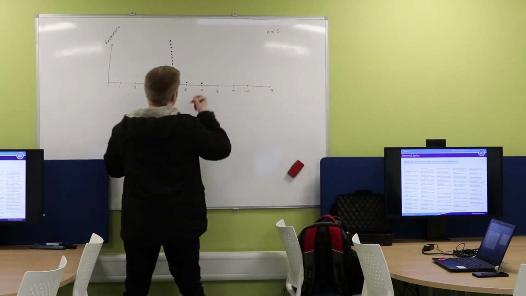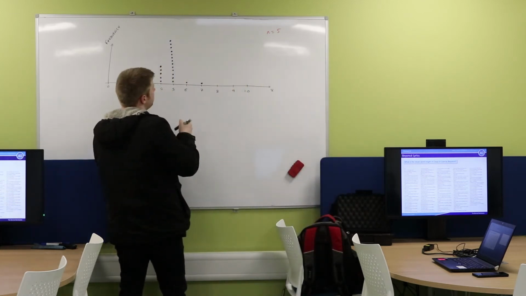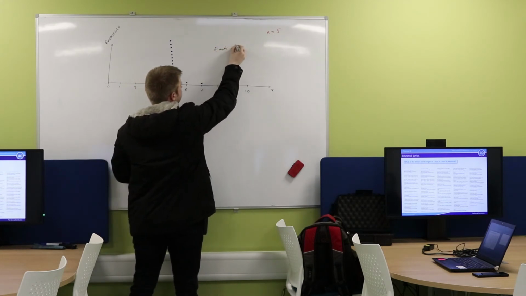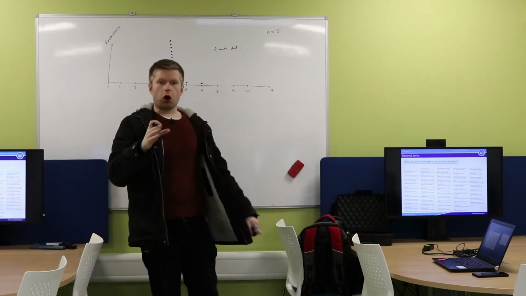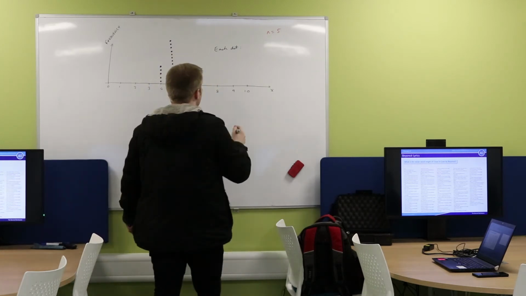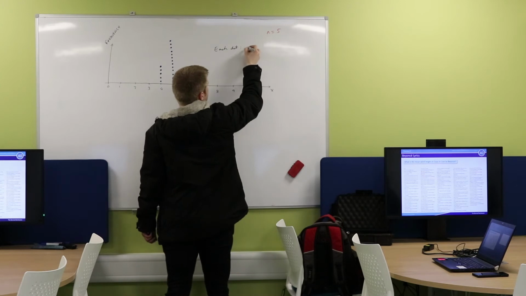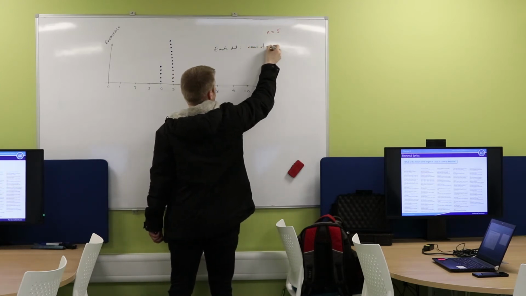The mean of 5 random words. Okay, so maybe you might want to write this down if you're making notes. Each dot represents, this is really important, okay? Each dot represents the mean of a random sample of 5 words, okay?